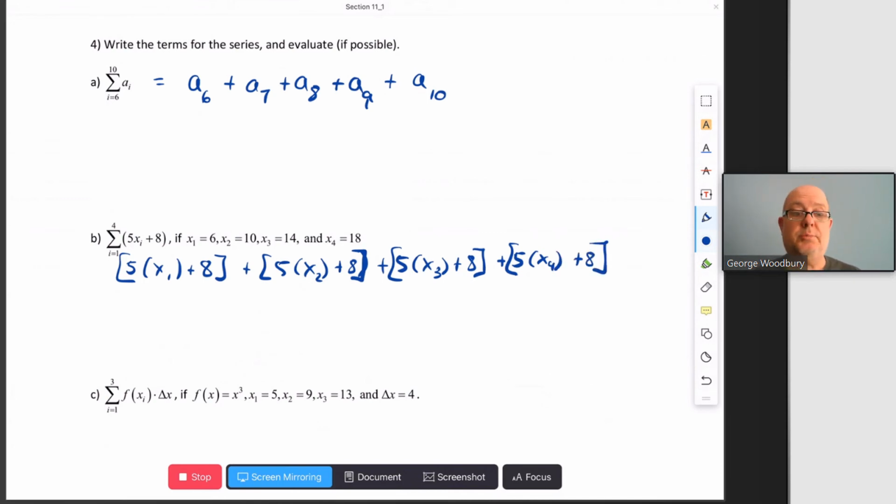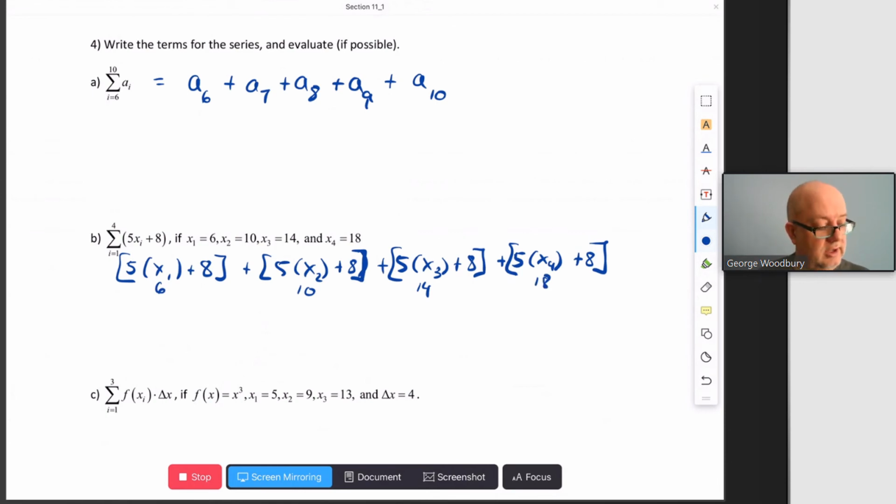And we were told above what x sub 1, x sub 2, and so on are equal to. We're going to replace x sub 1 by 6, x sub 2 by 10, x sub 3 by 14, and x sub 4 by 18.